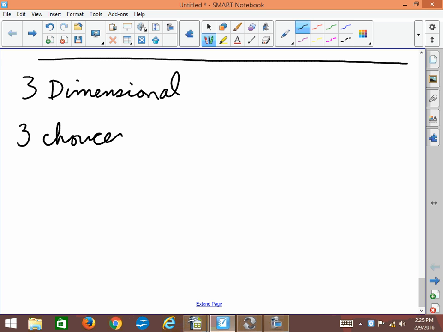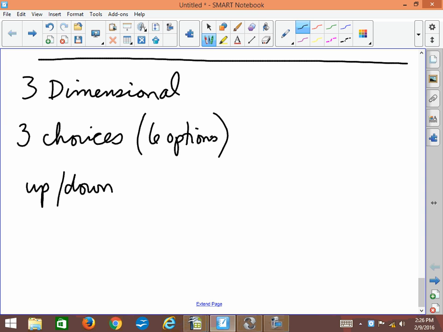So you, in effect, would put three lines together. You have 6 options. So the easiest way to describe that would be up, down as one option, one choice, left and right as the other, and then forward and backward as the third.